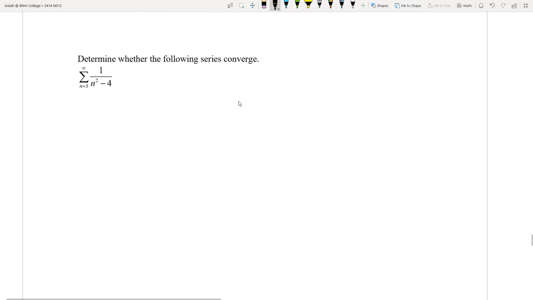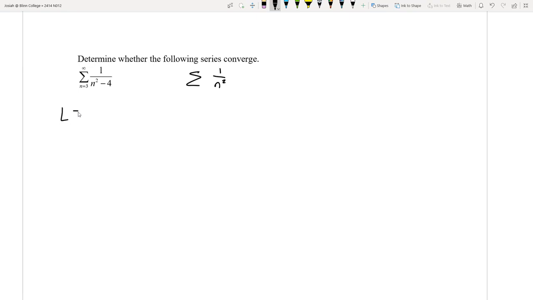So we go ahead and revisit something that looks pretty similar to something that we've seen with our direct comparison test. We would want to compare this to maybe 1 over n squared, but we see it's kind of going to go in the wrong direction. So instead of trying to fiddle around with what weird thing we can compare this to, let's just compare to what we want if we didn't have that 4 there.